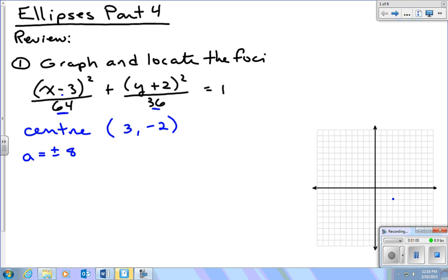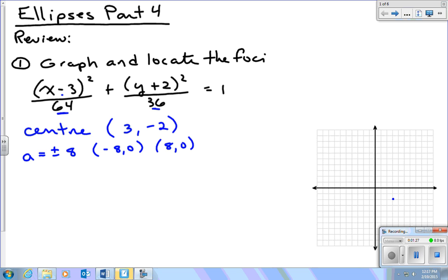Which, when the ellipse is centered at 0, 0, gives us the values -8, 0, and +8, 0 as our major vertices. Now, because it's not centered there, those are not the actual locations of our vertices, but we can use the center as a mapping rule.